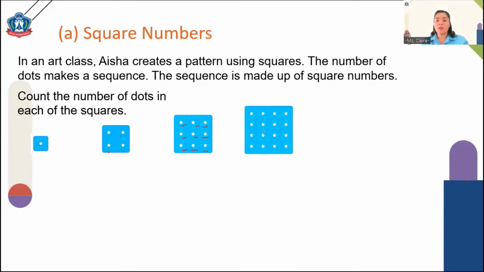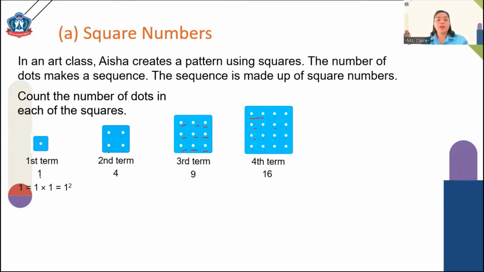On the fourth square, we have 1, 2, 3, 4, 5, 6, 7, 8, 9, 10, 11, 12, 13, 14, 15, 16. 16 dots. On the first term, we have 1 dot. On the second term, we have 4 dots. On the third term, 9 dots. And on the fourth term, 16 dots.